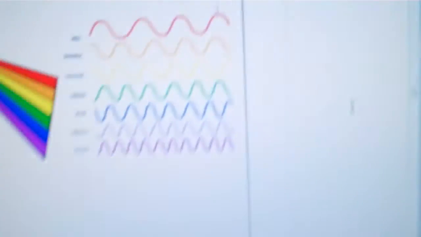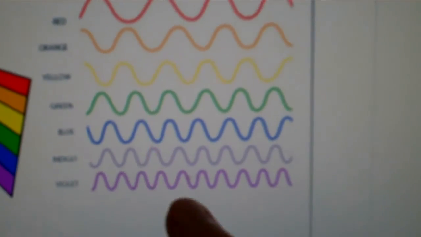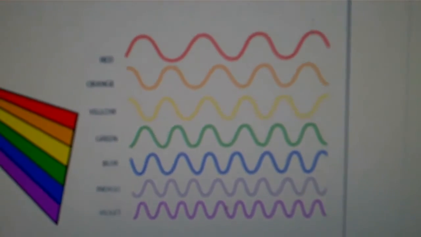Okay, station 3 involved staring at this picture for a minute and then looking at a white piece of paper. And when you did that, you noticed that you got the correct colors of the American flag. So why did this happen? Okay, well, when we look at a white piece of paper, we know that white light is a mixture of all these different colors.